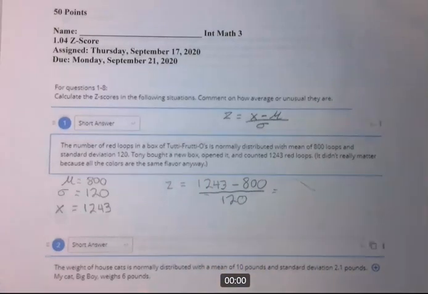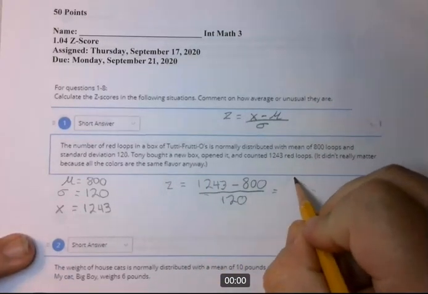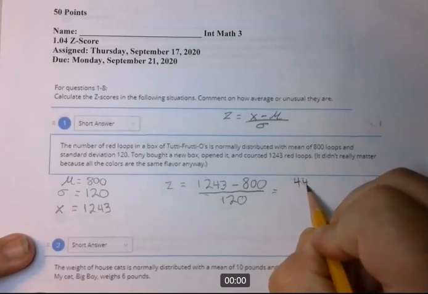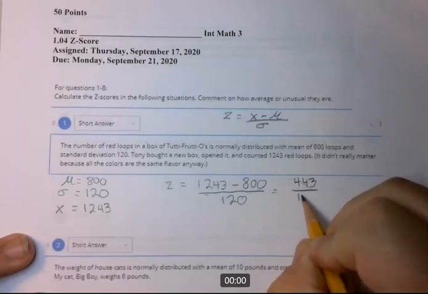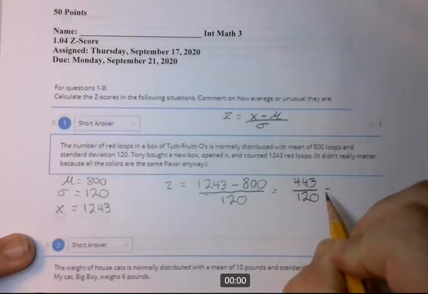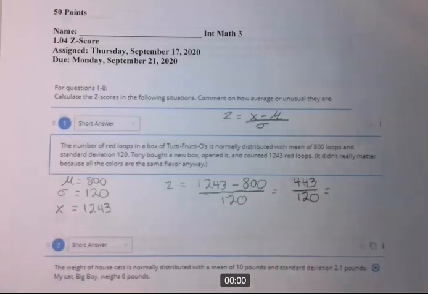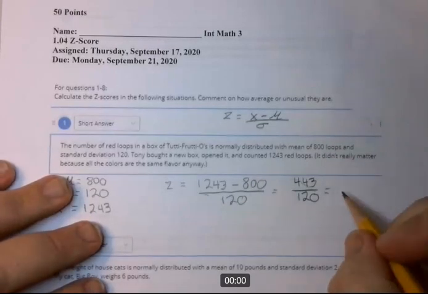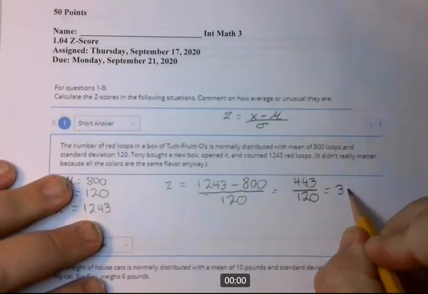You're going to subtract the two numbers on the top, and you're going to get 443 over 120. You should use a calculator for that. And that's going to give you 3.7 standard deviations above the mean.